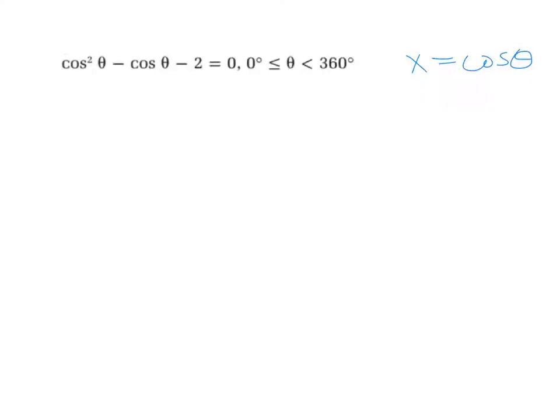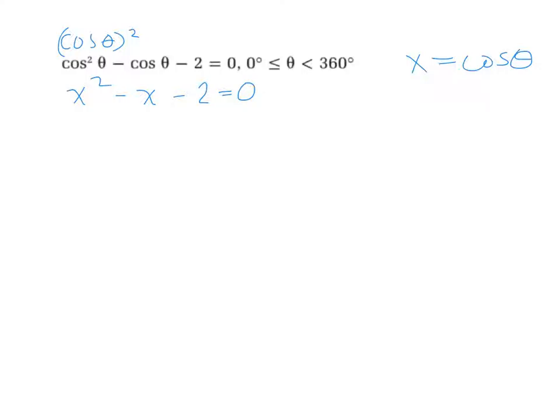Cosine squared theta actually means cosine theta squared. Like, I'll just write it there. This is the same thing. We just don't write it like that. We put the squared inside the cosine, but it just means cosine theta times cosine theta. So we're replacing cosine theta with x. We replace cosine squared with x squared minus x minus 2 equals 0.